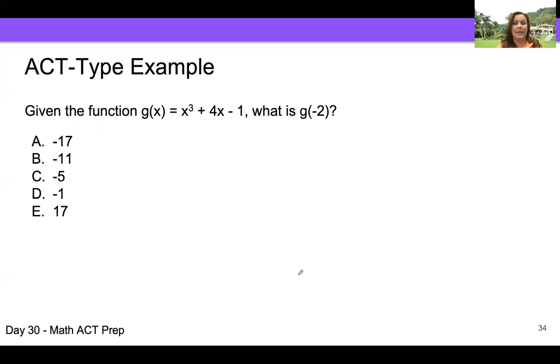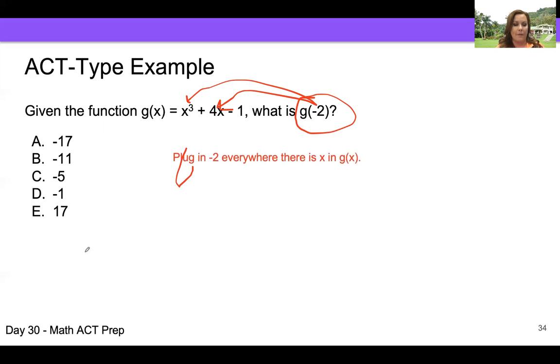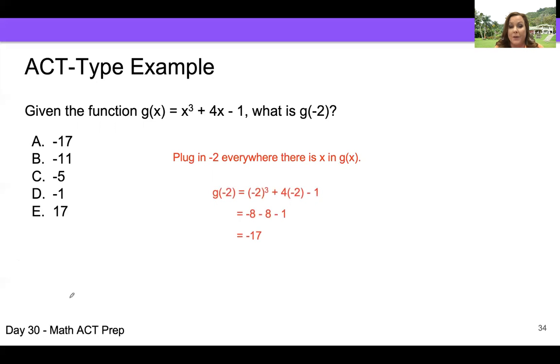Okay, welcome back. Now remember, this right here, g of negative 2, means everywhere you see an x, replace it with a -2. And I see 2 x's. So let's rewrite this. So we've got -2 cubed.